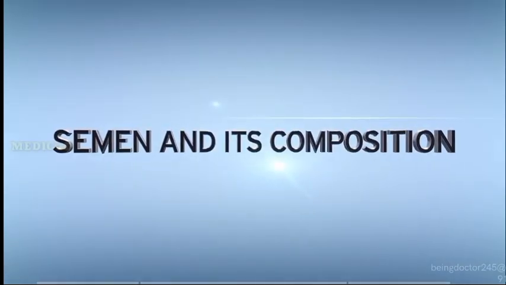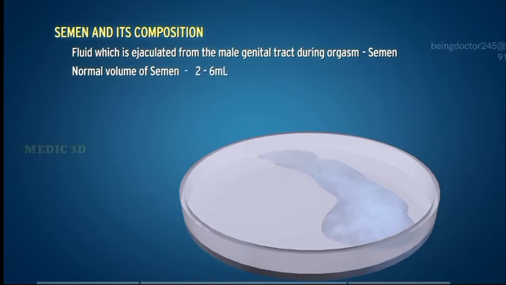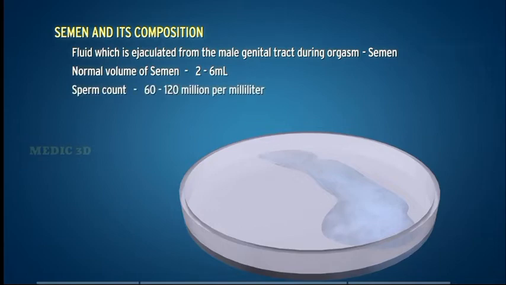Semen and its composition. The fluid which is ejaculated from the male genital tract during orgasm is called semen. Normal volume of semen which is ejaculated during one intercourse is about 2 to 6 milliliter and has a sperm count of about 60 to 120 million per milliliter.